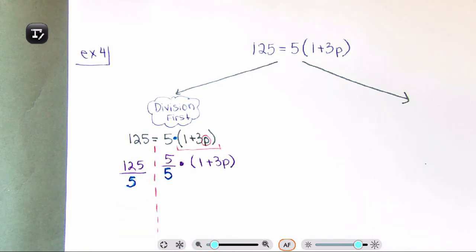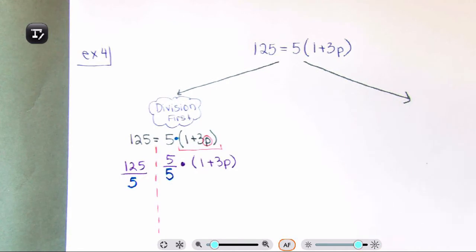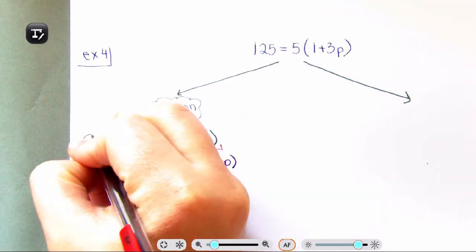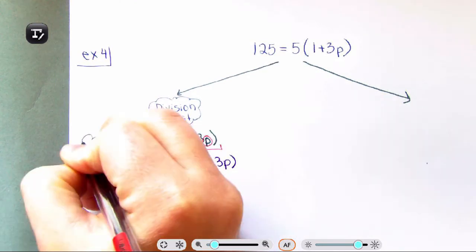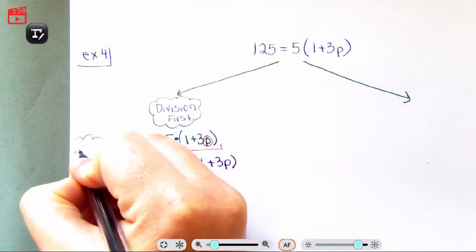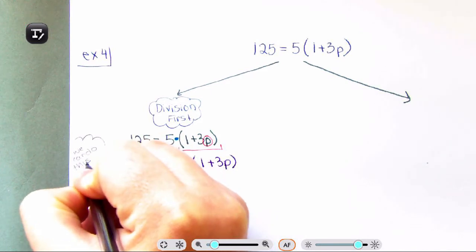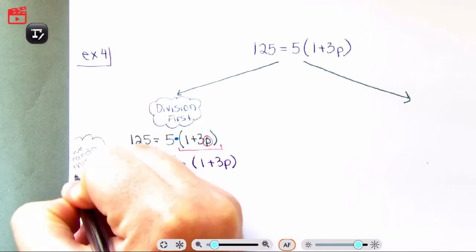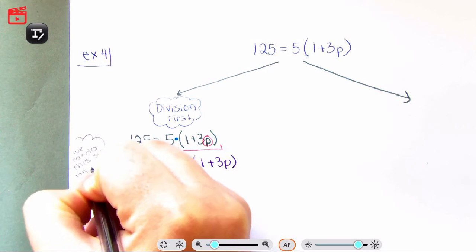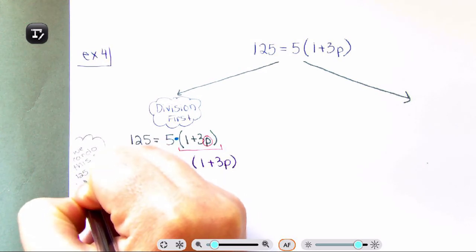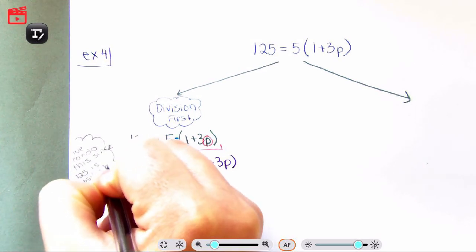Now, if you don't know, then we're going to fix that on this step. Okay, here it is. I'm going to put in a thinking bubble and just say we can do this since 125 is divisible by 5.